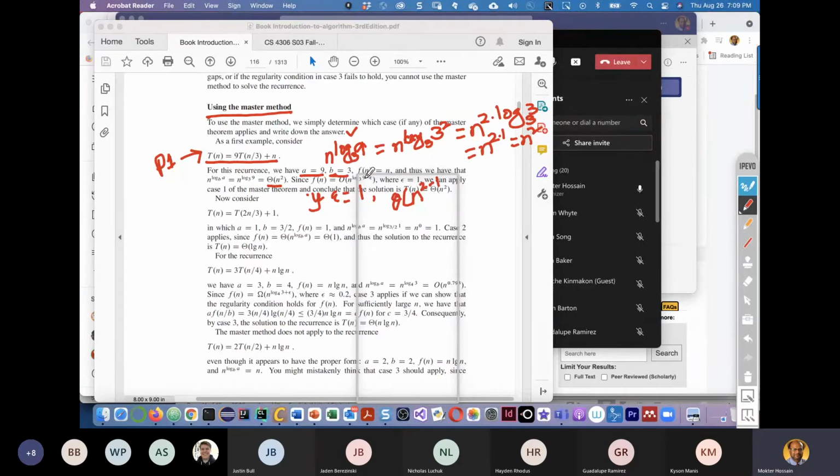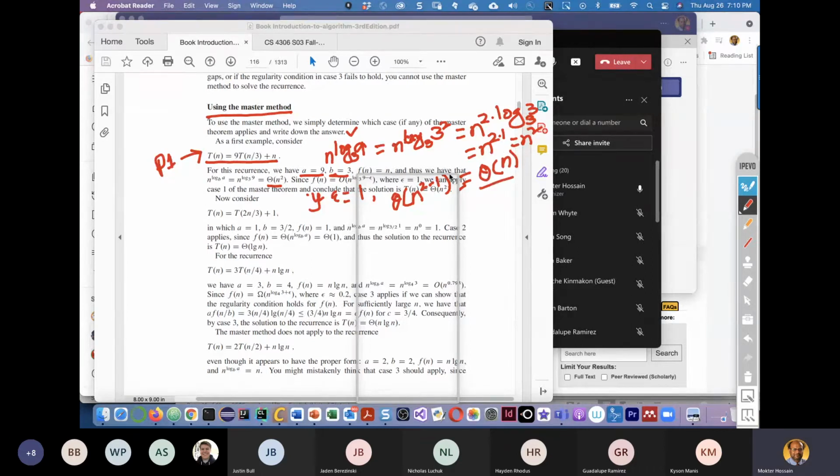This is our epsilon value that we need to find first, and then we subtract this epsilon. If we put epsilon equal to 1, it gets theta or big O, whatever you say, n to the power 1.